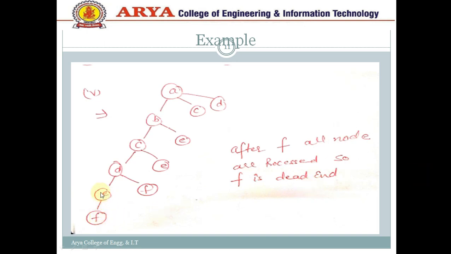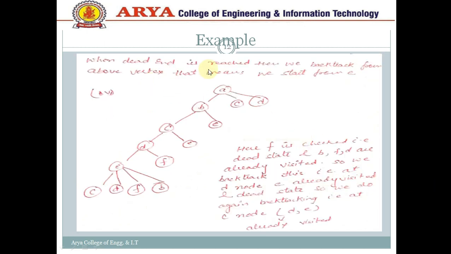Backtrack means we have reached at E, so we process E node. Next, when dead end is reached, then we backtrack from the above vertex.